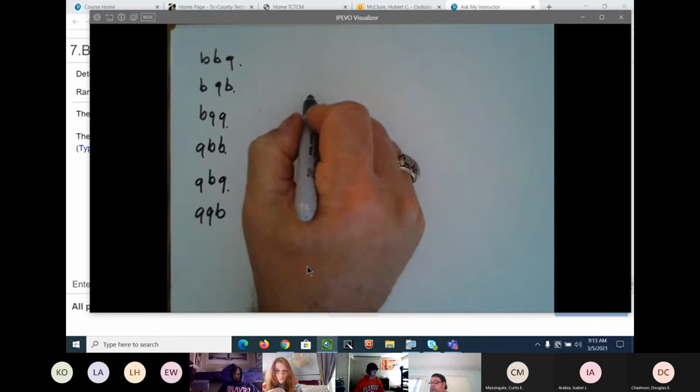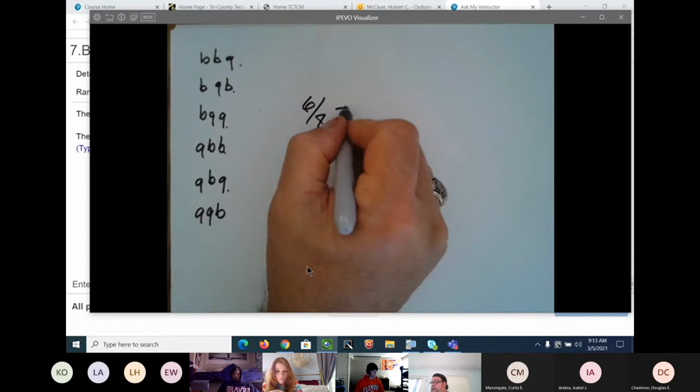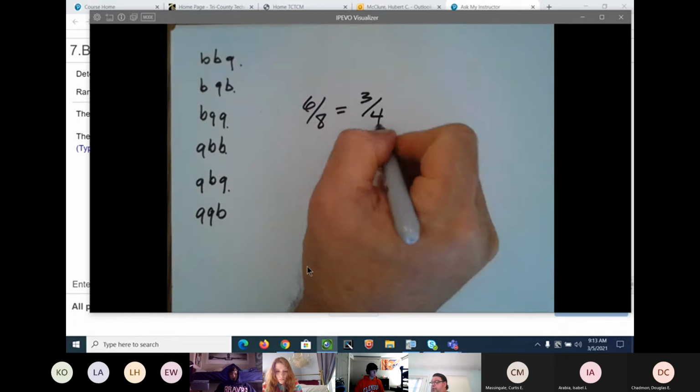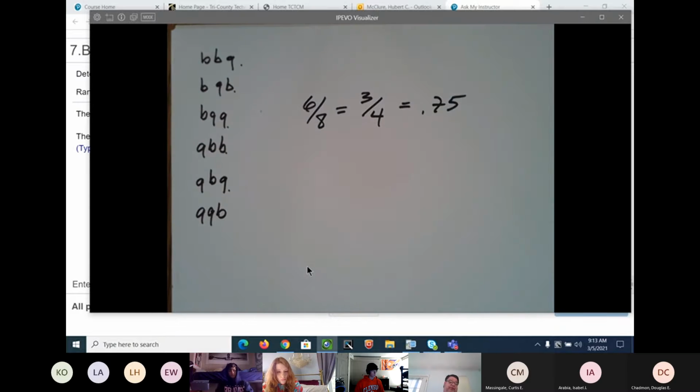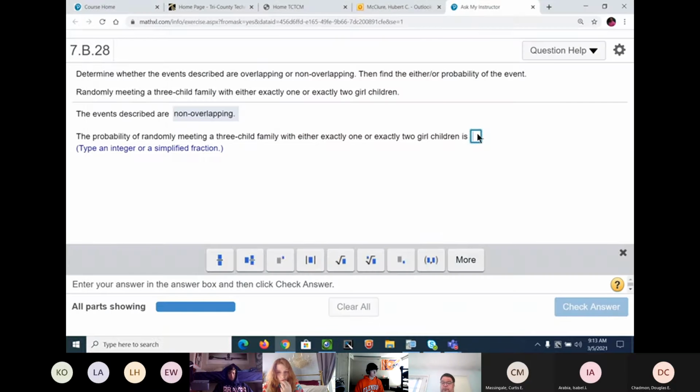And that's 6 out of 8, which is 3 out of 4, which is 0.75. Now, if you didn't get that index card filled out, then you don't have any idea what I'm talking about. So 0.75. Let's see if I'm right.